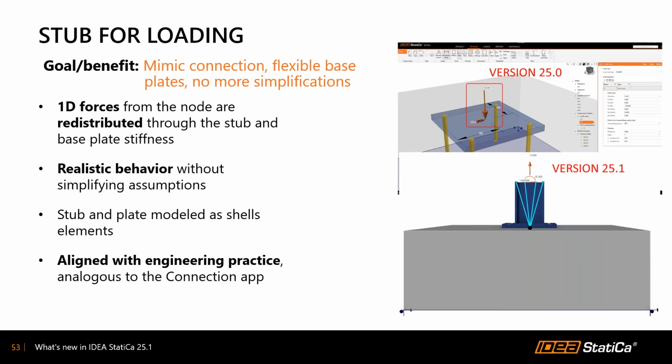This enables a realistic stiffness interaction, faster modeling and fewer errors, and removes the need for manual force splitting or rigid plate assumption, because as you used Detail before, nodal forces and nodal moments had to be inserted into one point, and you had to use a rigid base plate to transfer and redistribute the forces properly.